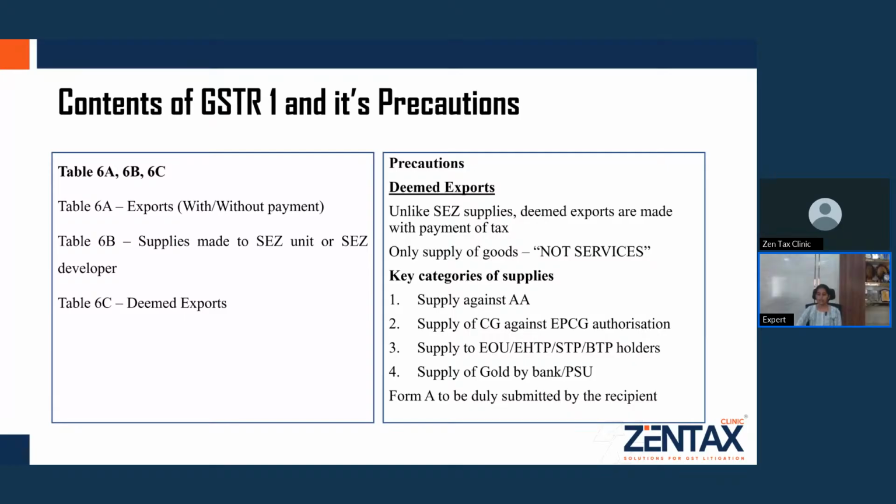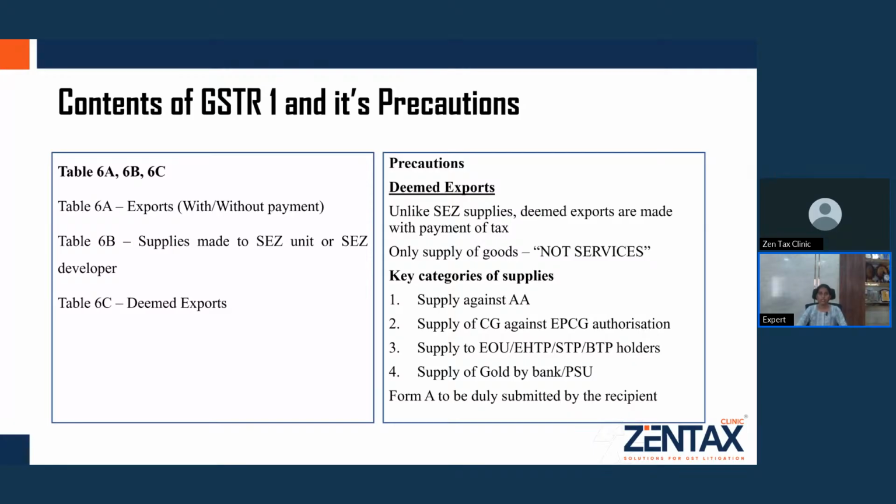Also, supplies made to export-oriented units or units under technology or biotech parks, which mainly produce goods or services for export, and when banks or government undertakings supply gold to exporters for making export jewelry.